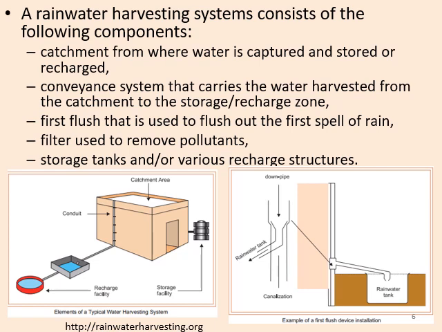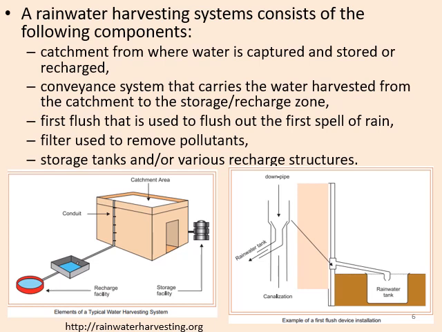Then a conveyance system is needed for carrying the water harvested from the catchment area or rooftop area to the storage area or storage tank, or if we want to recharge it, to the recharge zone. So conveyance system means we need a downtake pipe from the rooftop, and if we want to store, one portion of the pipe will go to the rainwater tank or storage tank.